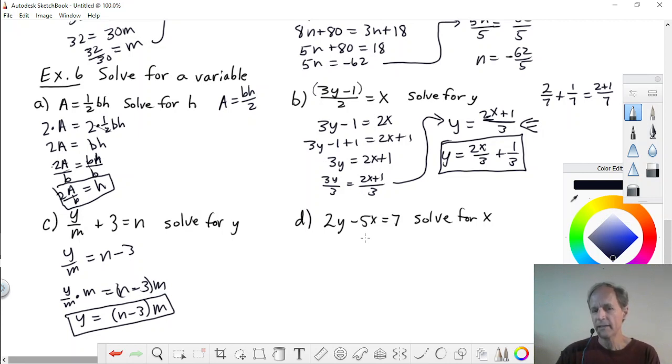And then when we say divide the entire side by -5, it's real simple. So to get to that, subtract 2y from both sides. You're left with -5x equals 7 minus 2y. Okay, now we want to solve for x, so divide both sides by -5.